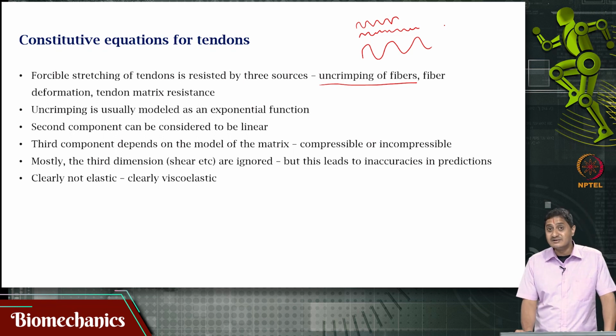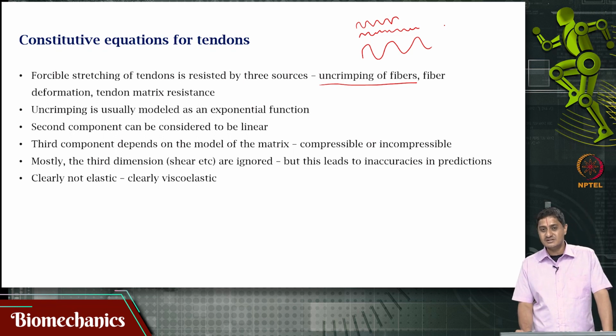So, there are other things other than collagen that form the tendon matrix. This tendon matrix also has mechanical properties, right. So, there is resistance offered by the tendon matrix or matrix of tendinous materials, right. In this, the first source is the uncrimping of fibers. This is usually modeled as an exponential function, right.